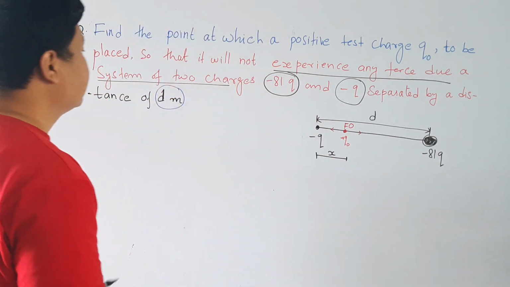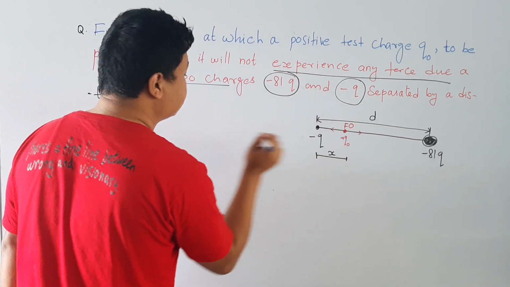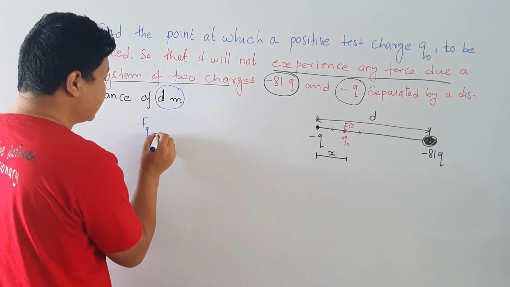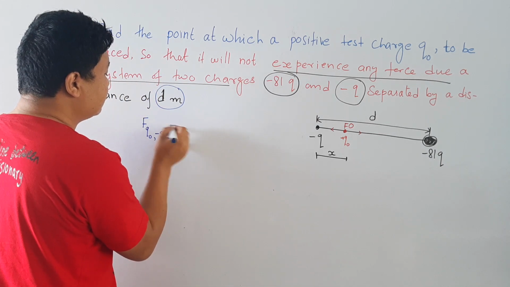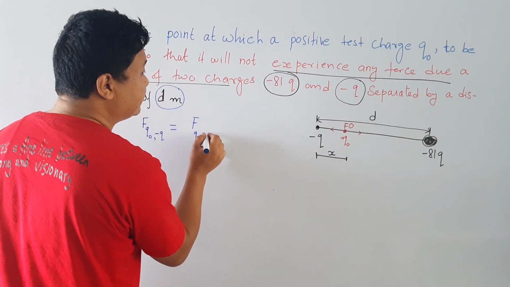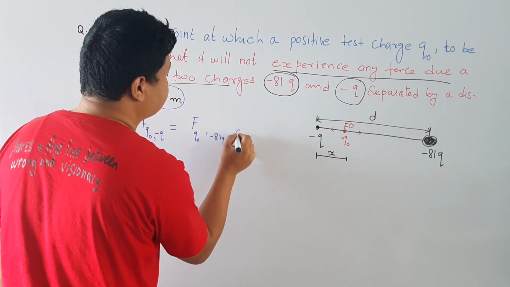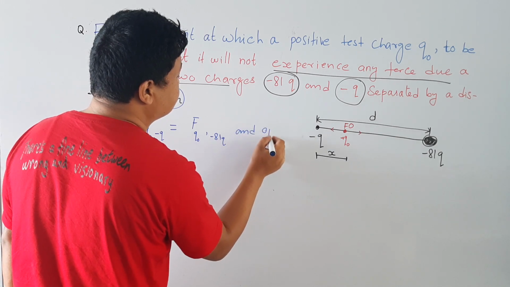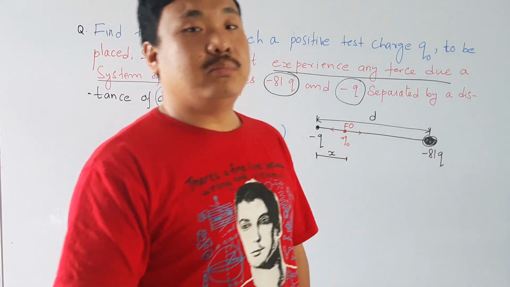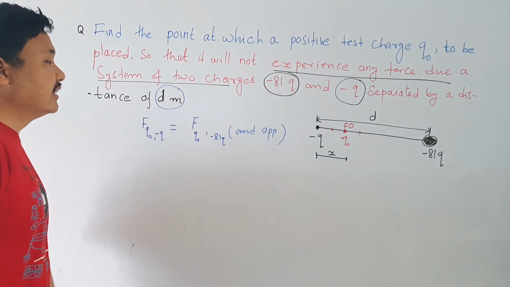So again, the force on q0 due to minus q will be equal to the force on q0 due to minus 81q, and opposite. Please remember, these forces should be equal and opposite.